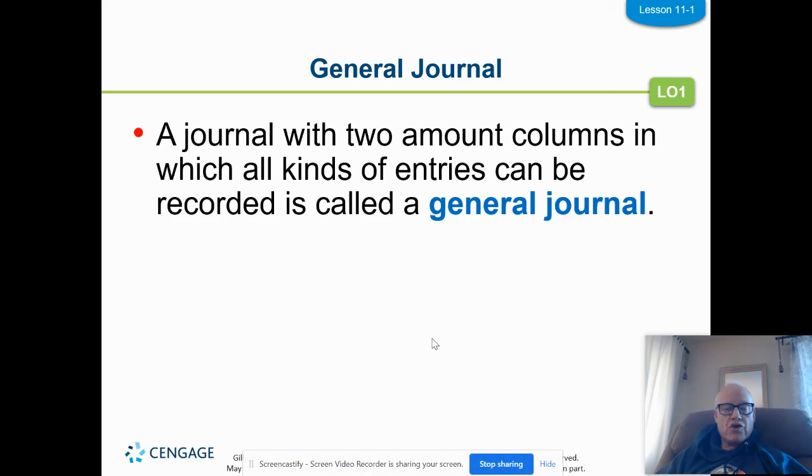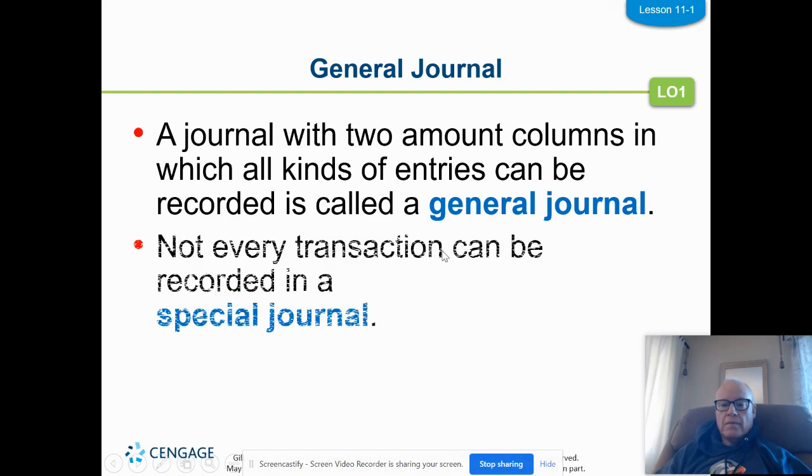Can't put it in the purchases journal because that's for purchasing merchandise. Can't put it in the cash payments journal because that's only for buying things with cash and not on account. So what do we do? We would record an entry like that in the general journal. Okay, so just be thinking about that. And not every transaction can be recorded in a special journal.